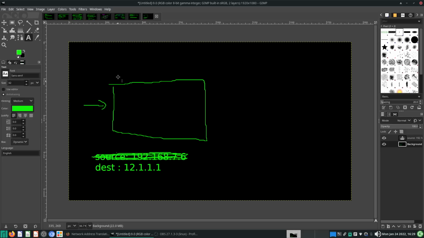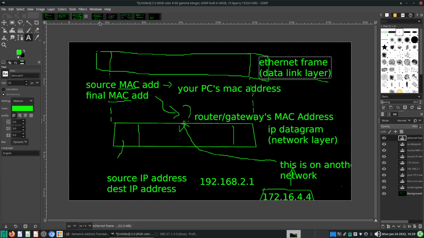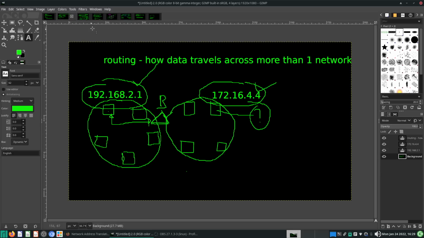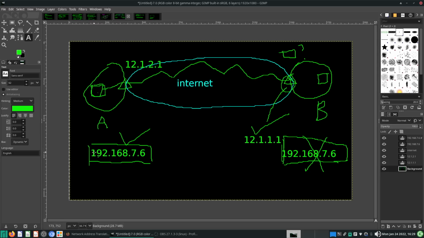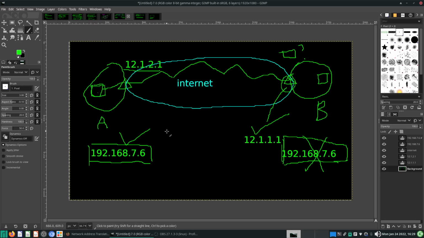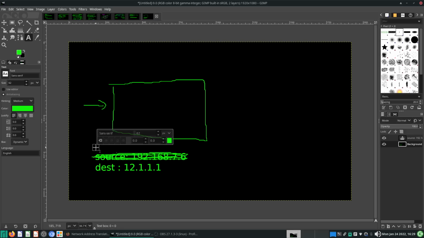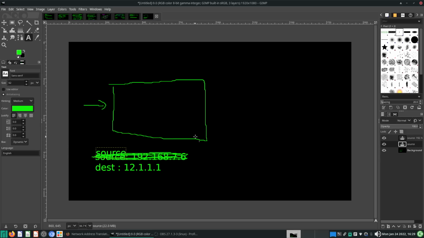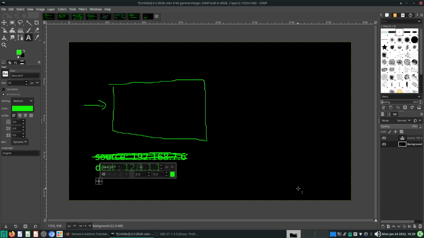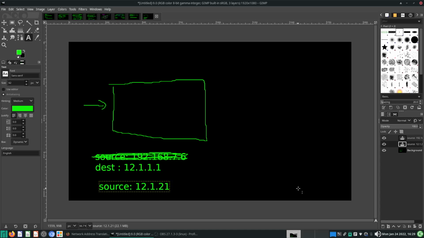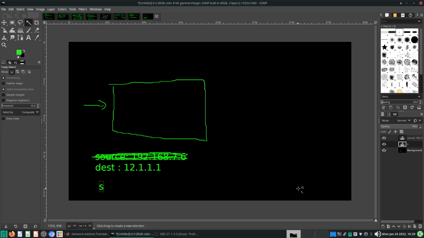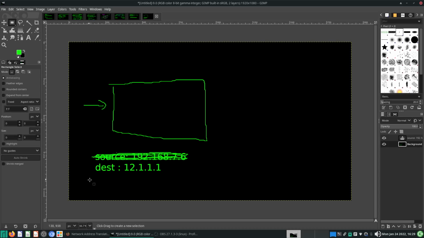So instead of the source IP address looking like it came from your computer, 192.168.76, the router will change it to its own IP address, 12.1.2.1. What network address translation does, to save IP space, is change the IP datagram such that the source looks like it comes from the router. Source, wait, one more time.